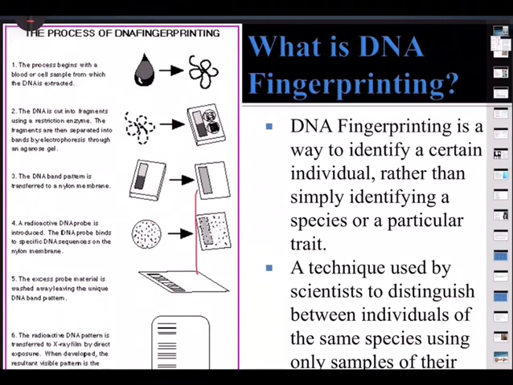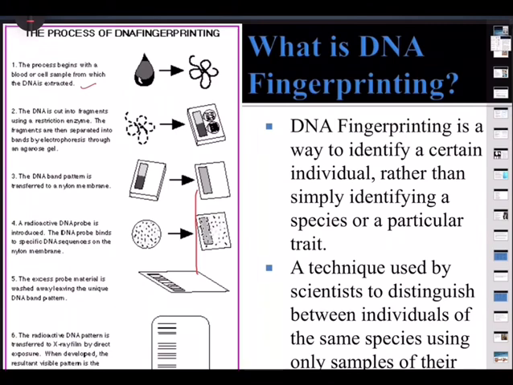1. The process begins with a blood or cell sample from which the DNA is extracted. So we are going to collect either a cell, maybe it is a skin cell, maybe a bone cell, even a cell of a nail or blood. So we extract the DNA.